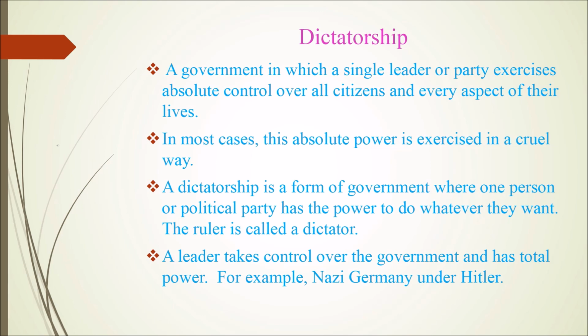In other words, a dictatorship is a form of government where one person or political party has the power to do whatever they want. The ruler is called a dictator. A leader takes control over the government and has total power. For example, Nazi Germany under Hitler.